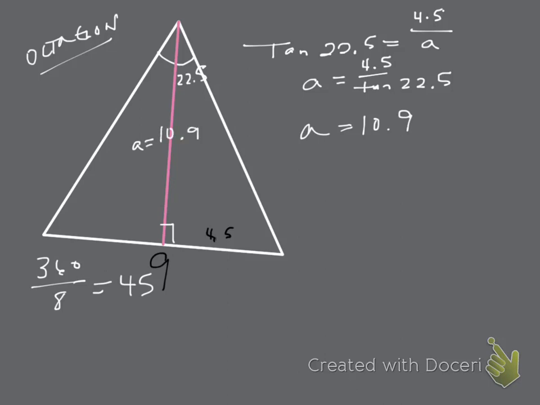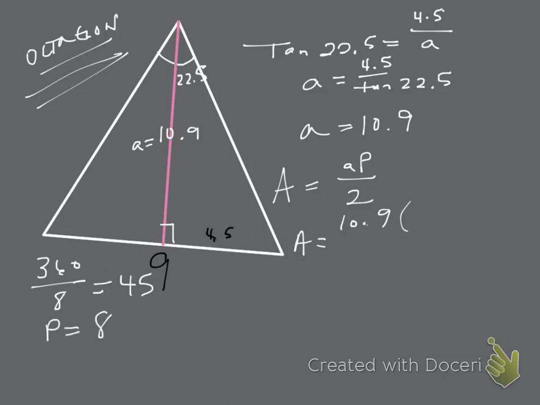Now again, going back to our formula for area of a regular polygon, we're going to do the apothem times the perimeter divided by 2. We know the apothem is 10.9. Now we just need the perimeter. Remember, we're working with an octagon, so the perimeter is going to be 8 sides times 9, because that was given to you earlier. So my perimeter is going to equal 72.